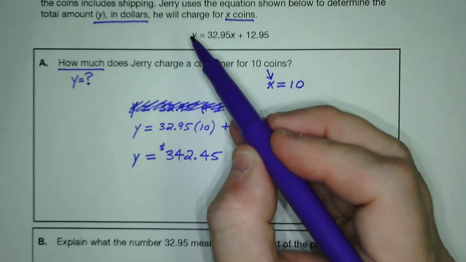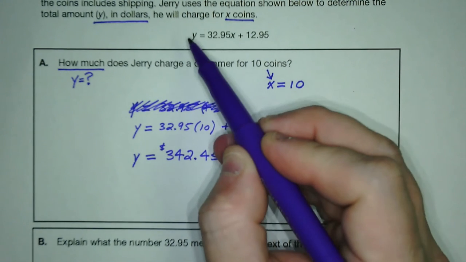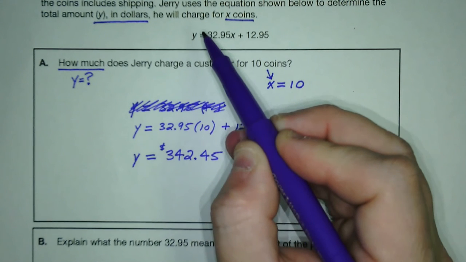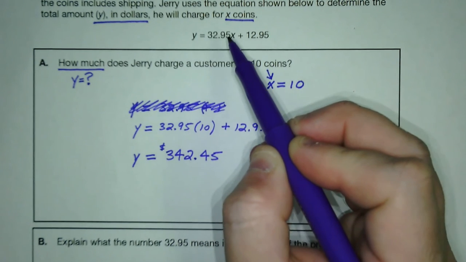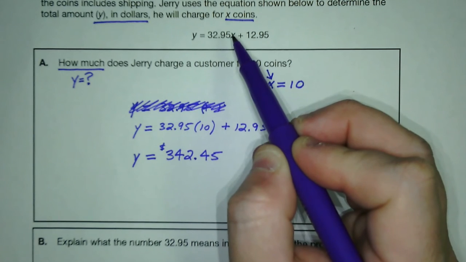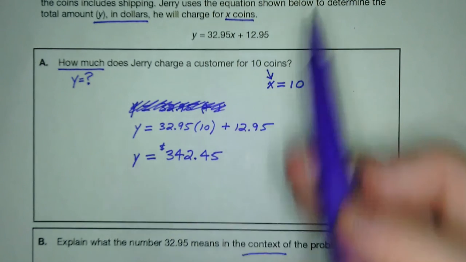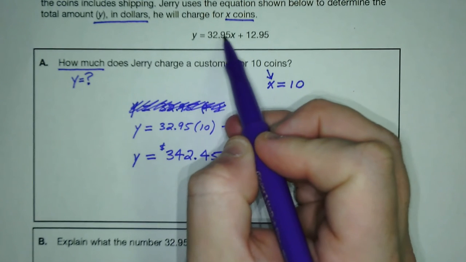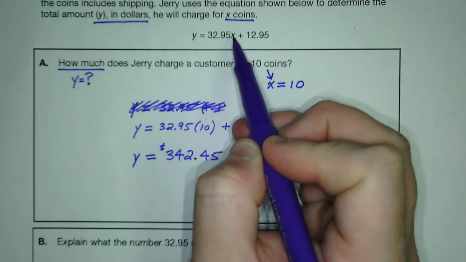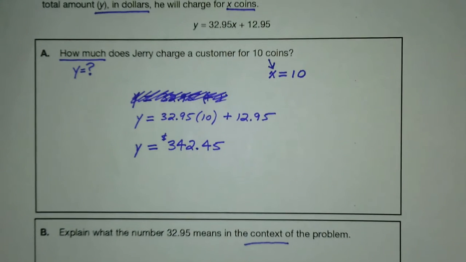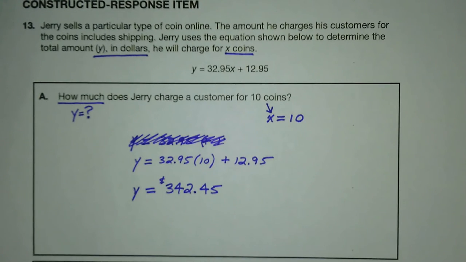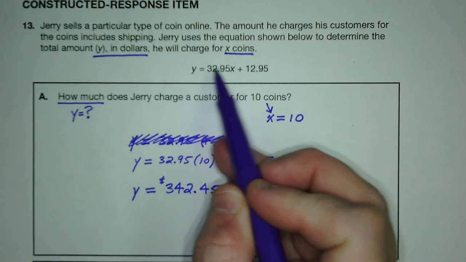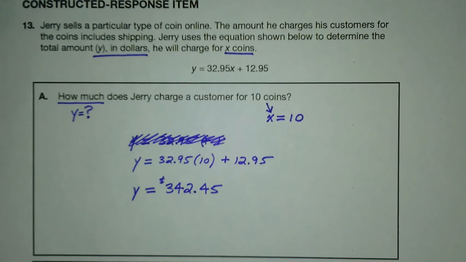So you could basically read this equation as saying the total amount of dollars will equal 32.95 times the number of coins plus 12.95. So 32.95, the value that would be multiplied to the number of coins, wouldn't that be the price per coin? Wouldn't that be the obvious thing you would multiply by the number of coins? It would be the price for each one.